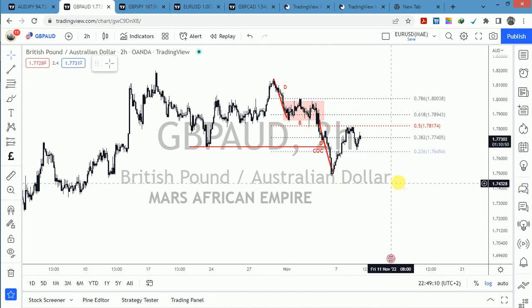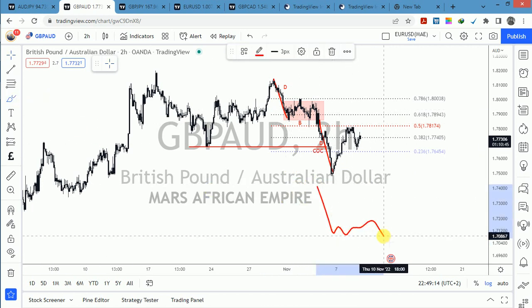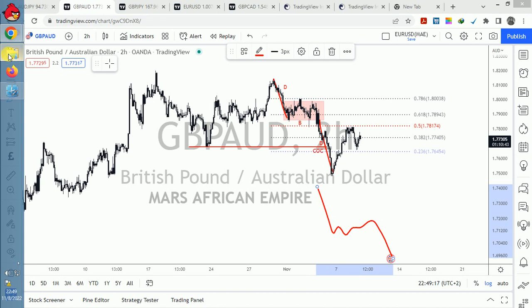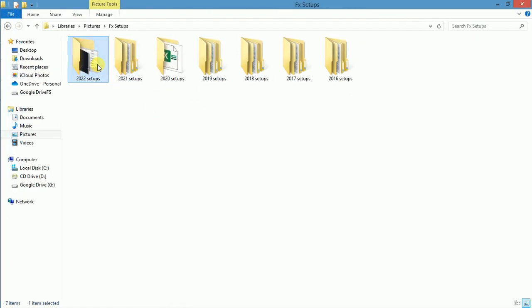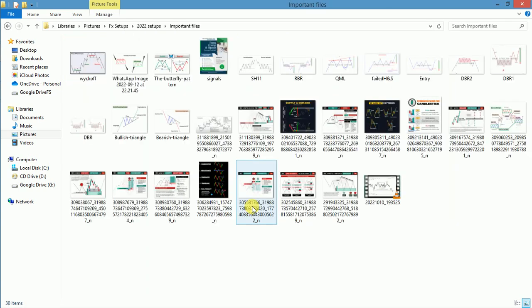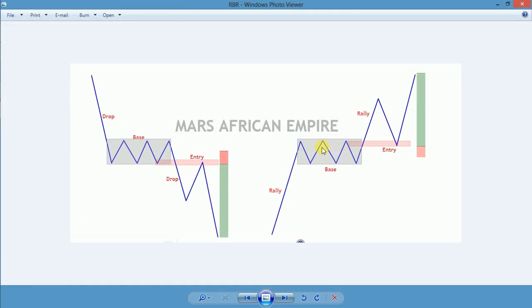What should happen when you see a drop, then a base, then a drop? Let's stick to theory. Theory for that, it should be here. From a drop, we have the pair coming to retest that base and then continue to drop.